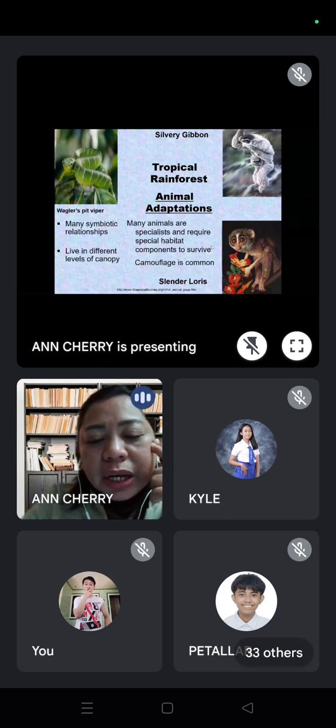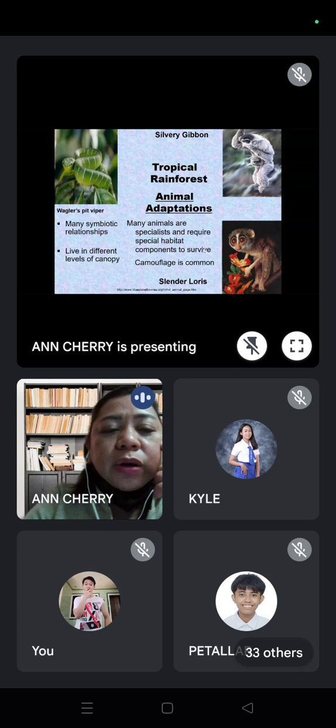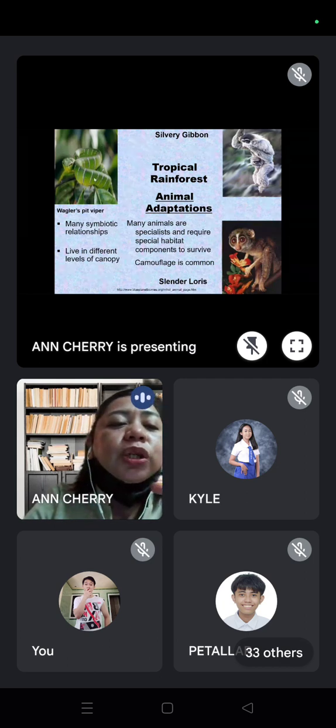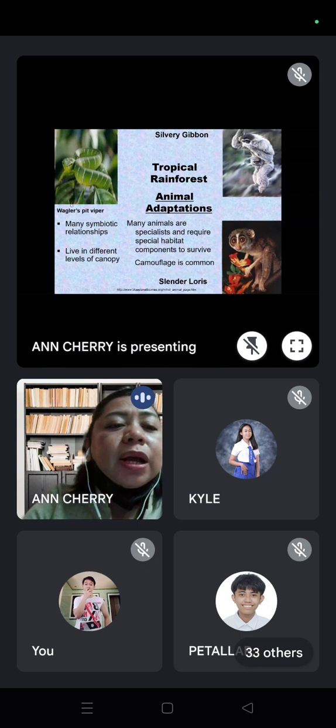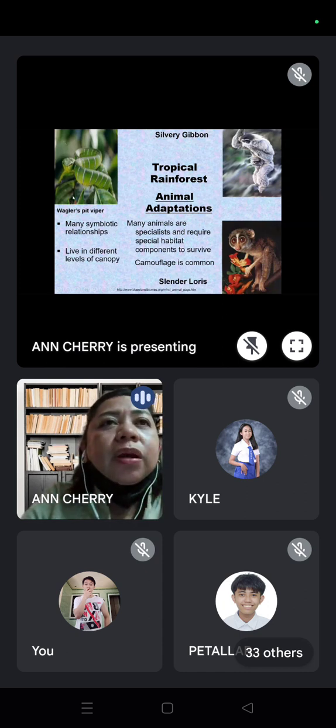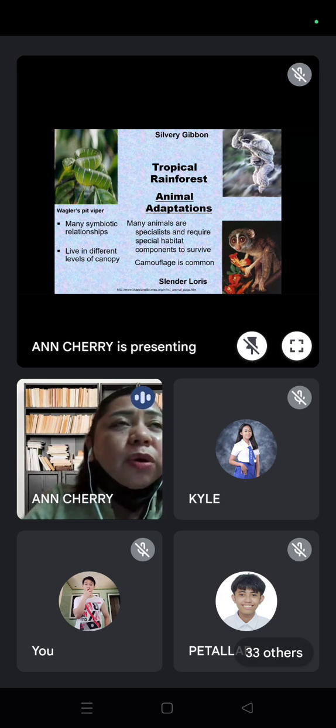Then camouflaging is very common. So when we talk about camouflage, for example, this Wagler pit viper, it blends with its environment. For example, the color is green, so its outer body surface blends with the environment. So we call that camouflaging.